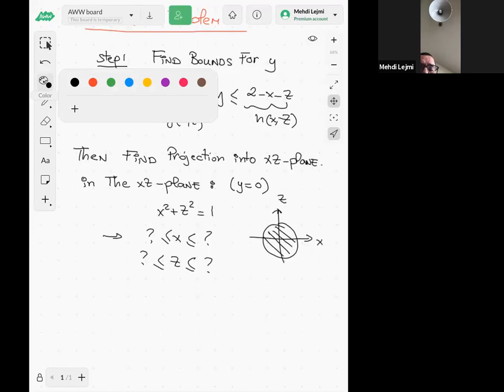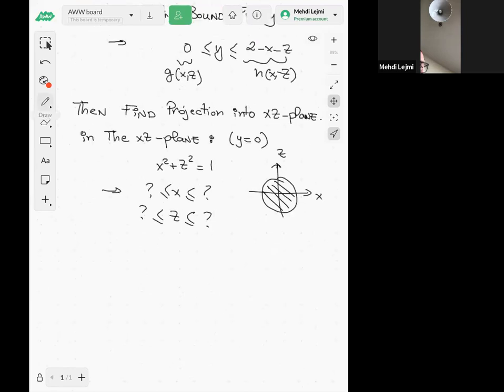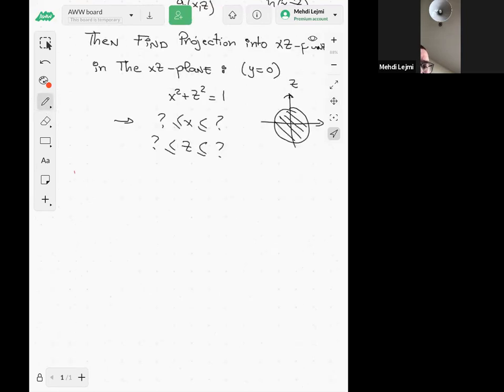Yeah, so there's one exercise left from last week. We had this example, a similar exercise: you have this solid S bounded by, well, again the cylinder.